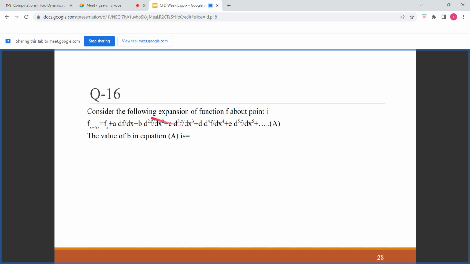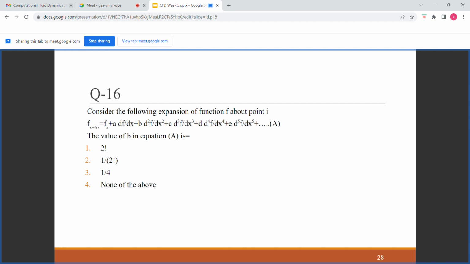So basically what the value of b in those equations would be. So we'll see the options first and then decide. The first one is 2 factorial, second one is 1 by 2 factorial, option 3 is 1 by 4, option 4 is none of the above.